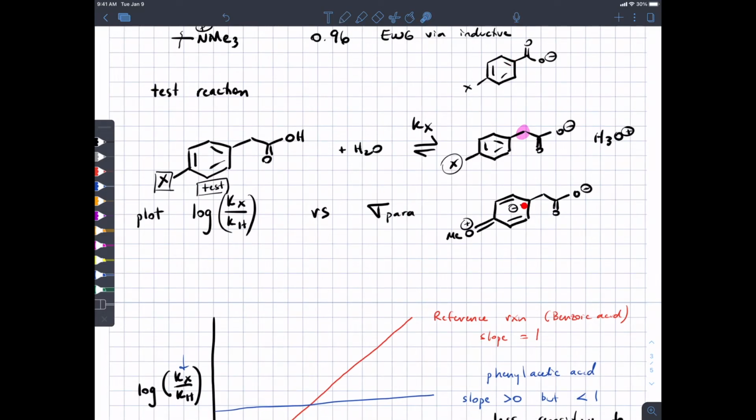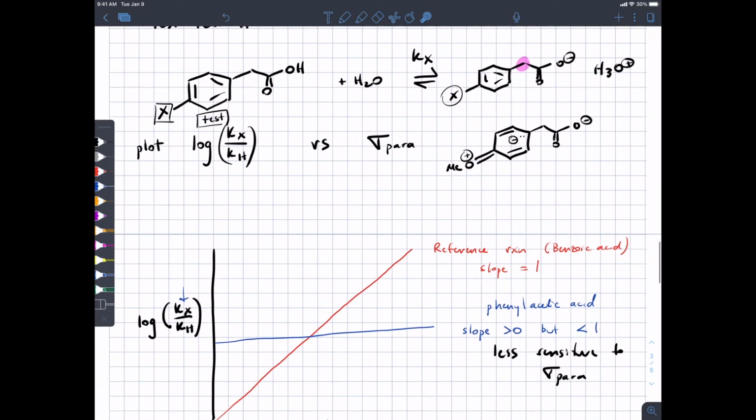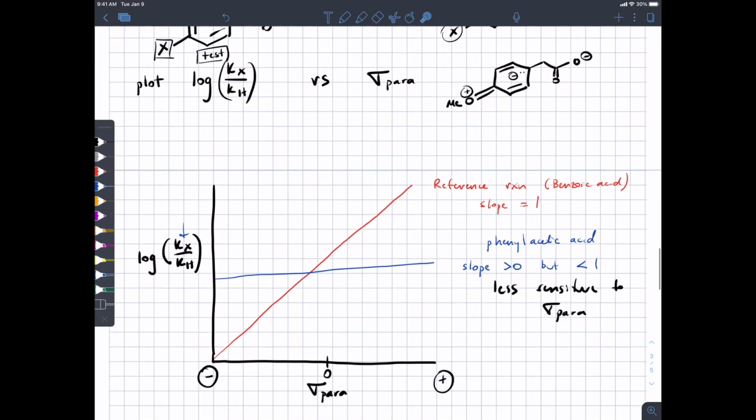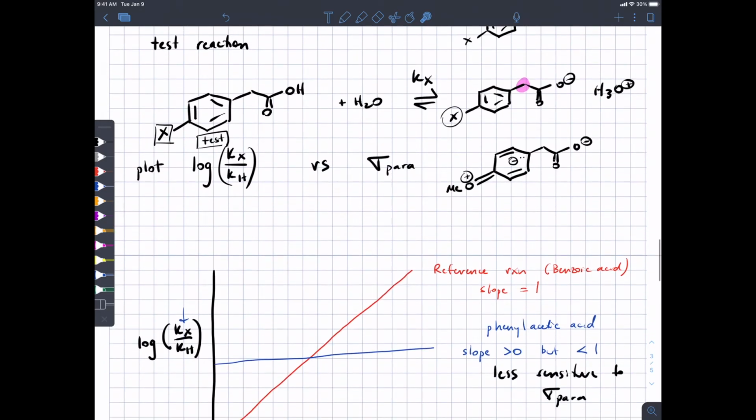And here it's still there, but it's not as close. Okay? So we could interpret the fact that the slope is less than the slope for the benzoic acid reaction as evidence that, like we expect, this reaction is less sensitive to the nature of the donating group, and that makes sense structurally.